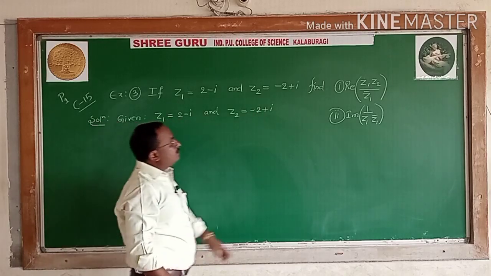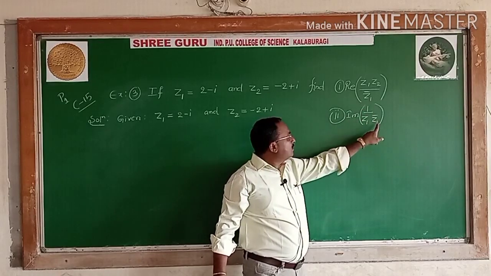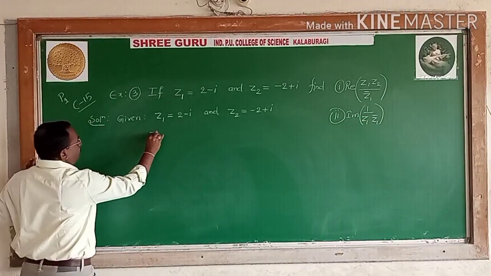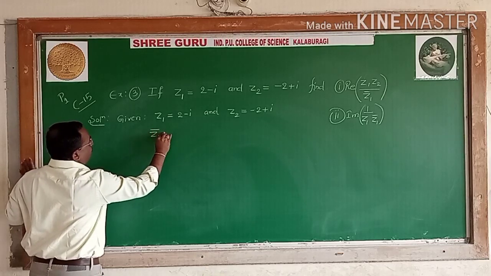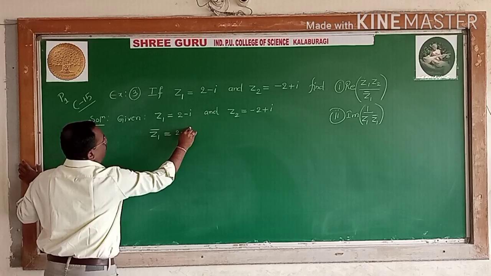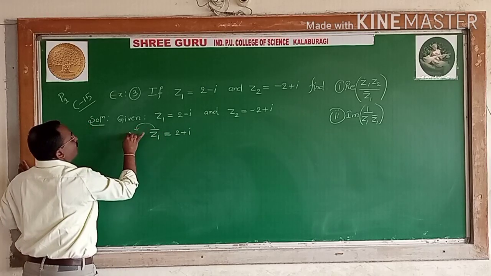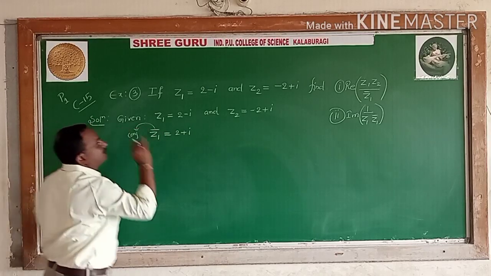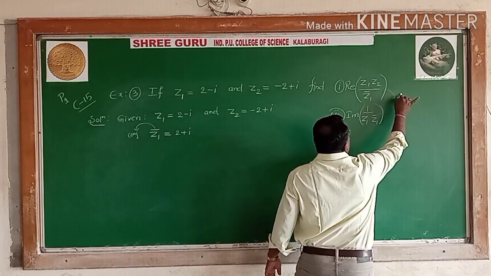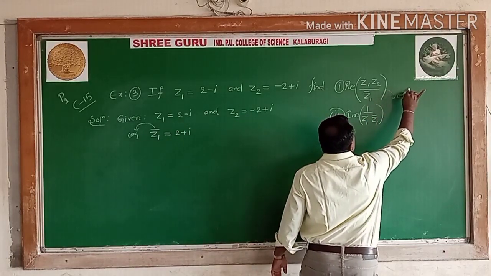And one more condition is there. Z1 bar means conjugate. Z1 bar is equal to 2 minus i, which becomes 2 plus i. This is the symbol for conjugate. Don't confuse it. The symbol is what? Conjugate.